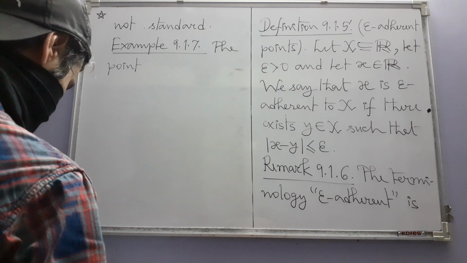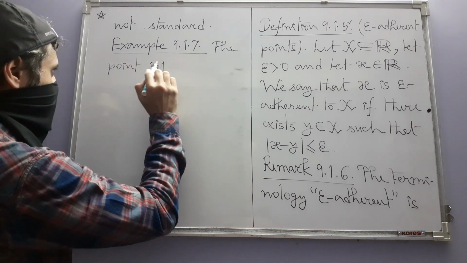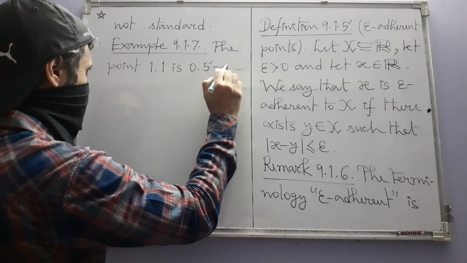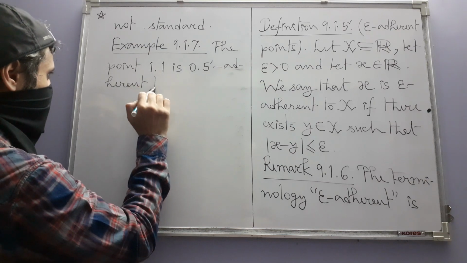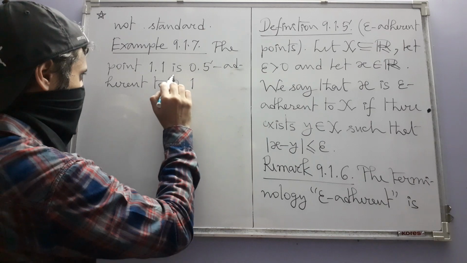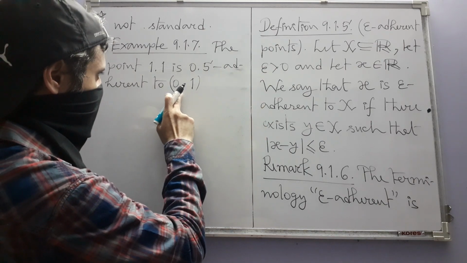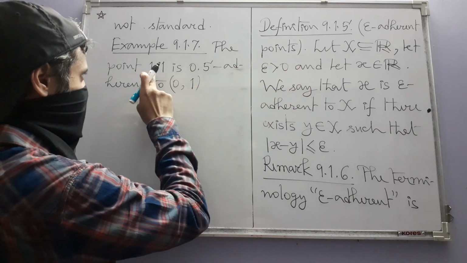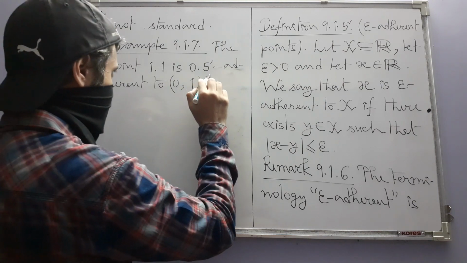The point 1.1 is 0.5 adherent to the interval (0, 1). So the set X here is this open interval (0, 1), the point small x here is 1.1, and epsilon is 0.5.